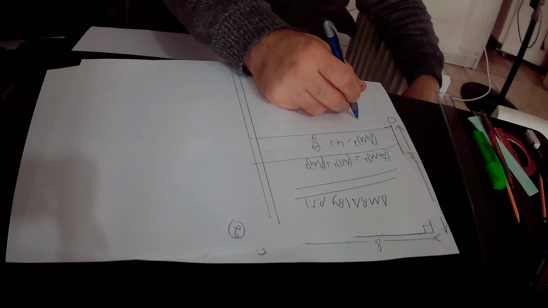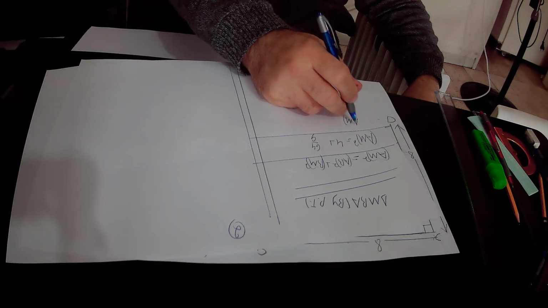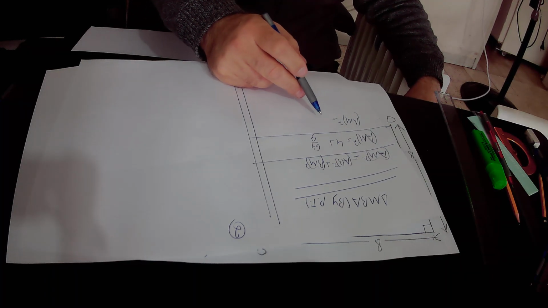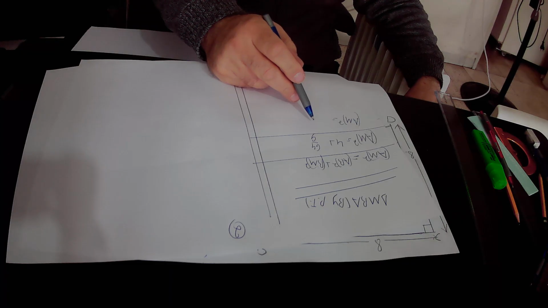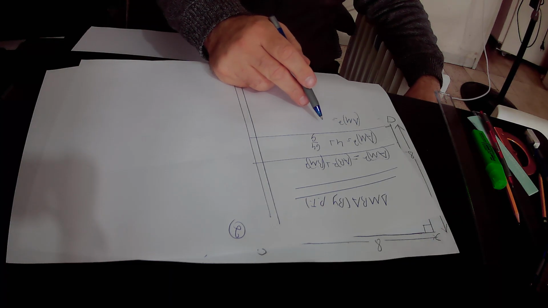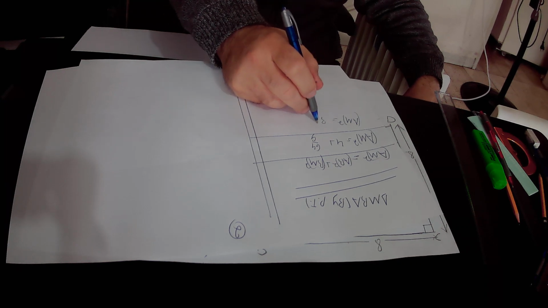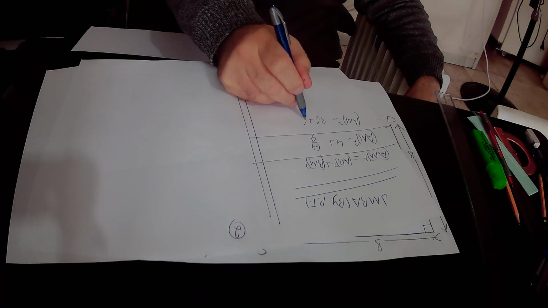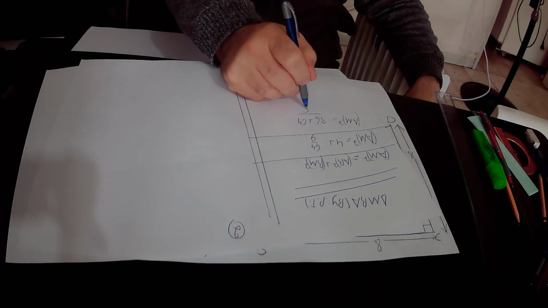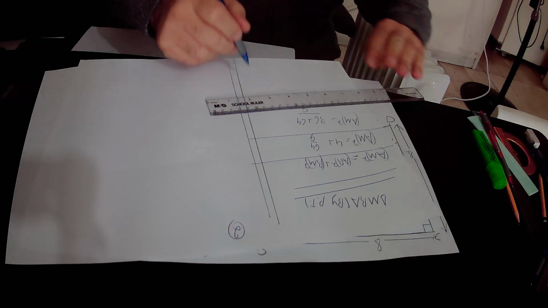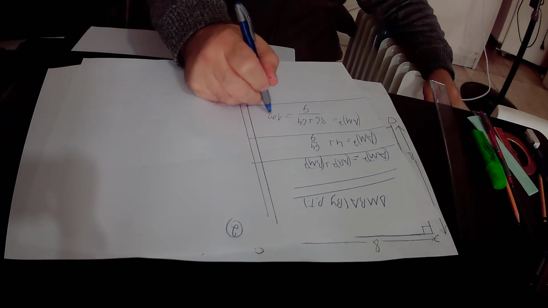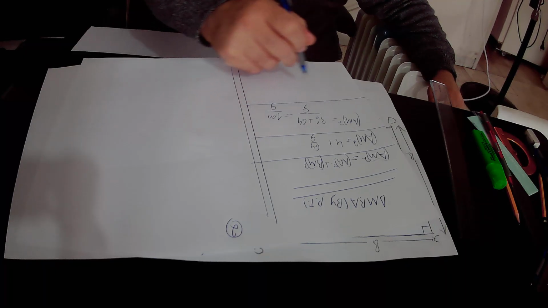So AM squared equals, here we multiply 4 by 9 and then divide by 9 in order to have a common denominator with 64 over 9. So 4 times 9 is 36. In total, in the numerator we have 36 plus 64 over 9. 36 plus 64 is 100, divided by 9.